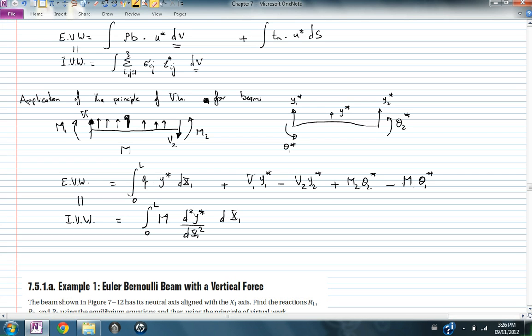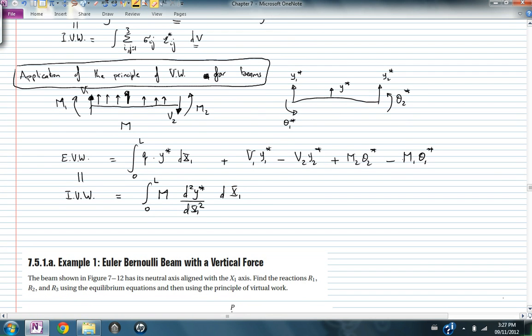Now we're going to apply this principle to beams, and we're going to apply it in the case when the internal virtual work is equal to 0.